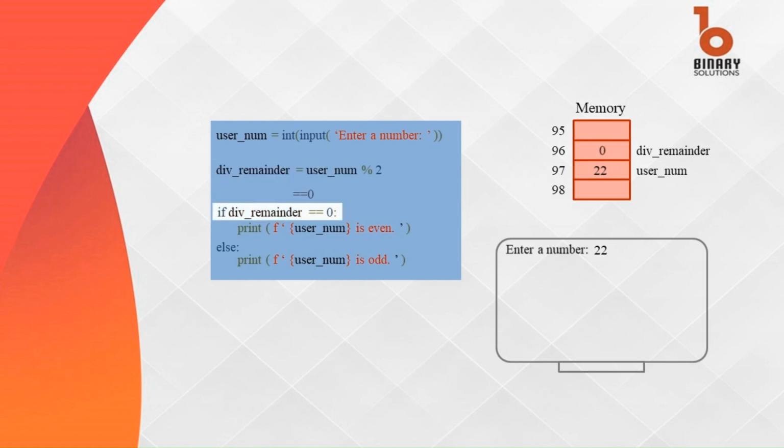Since the condition div remainder equals 0 evaluates to true, the if block executes. Conversely, if the user enters 45, user num % 2 evaluates to 1, and div remainder is set to 1. The condition div remainder equals 0 then evaluates to false, so the else block executes, indicating the number is odd.